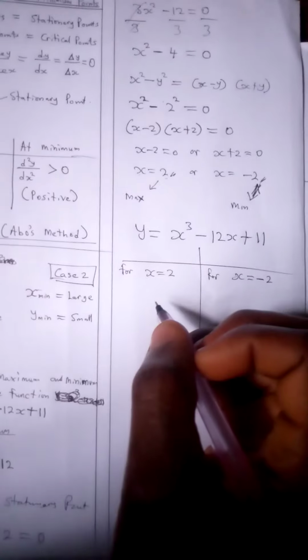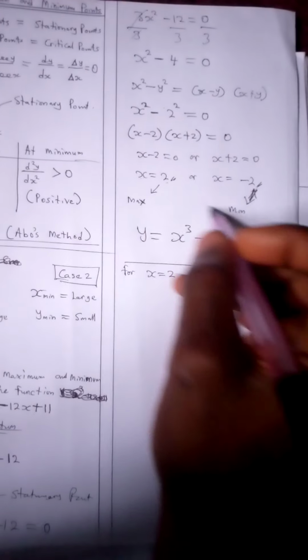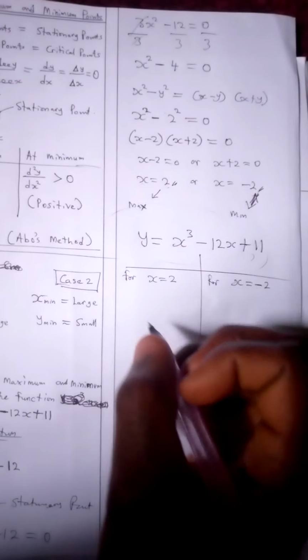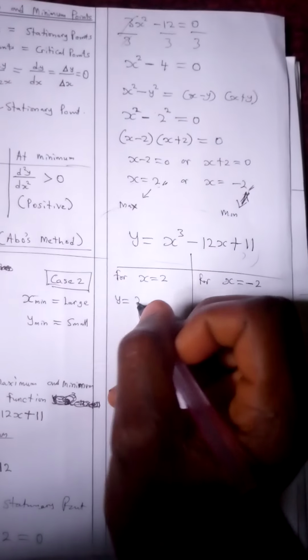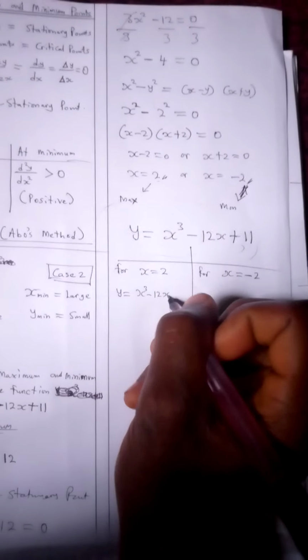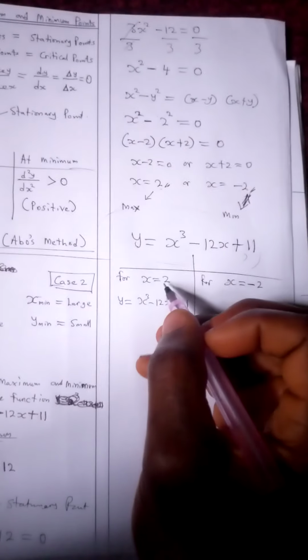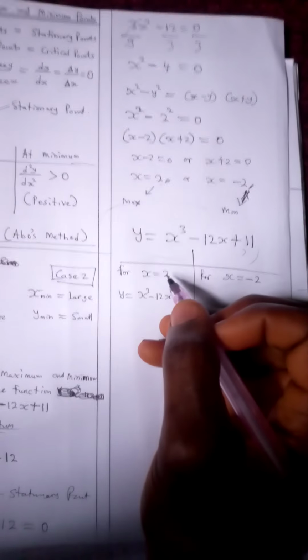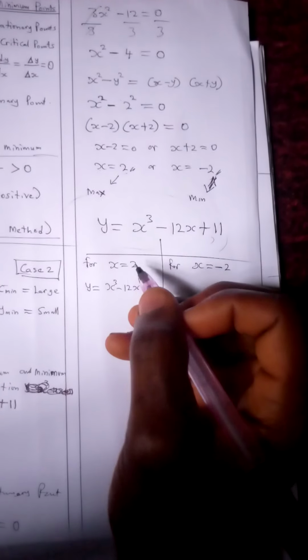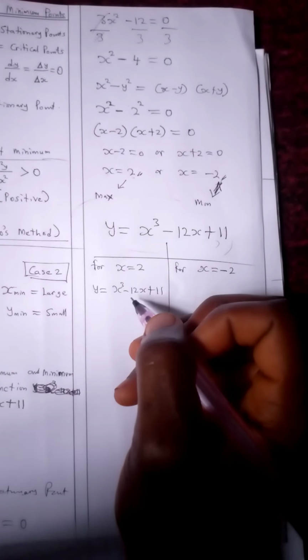For x equal to 2, we substitute the value into this expression. Note, this is the maximum of x. You are going to use it to get the minimum of y.